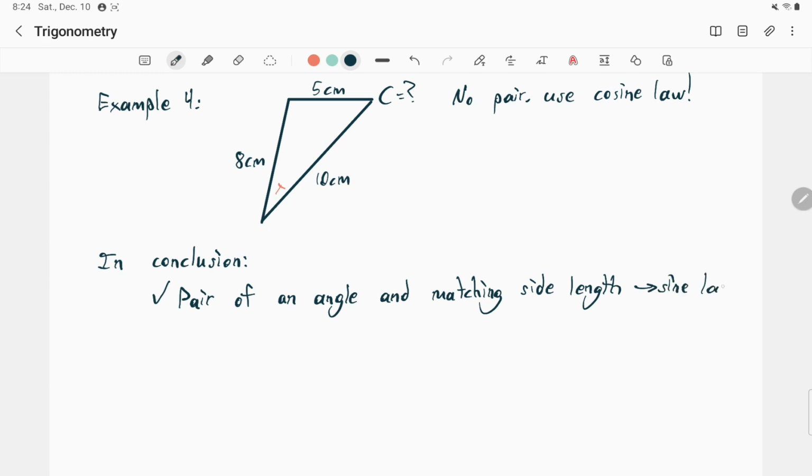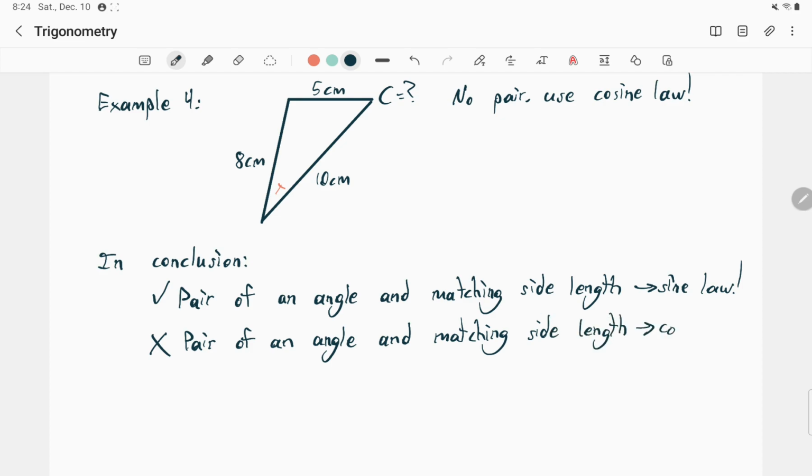Use sine law. No pair of matching angles and side lengths, and you can't make one. Well, in that situation, we are going to use cosine law. That's all you need to know.